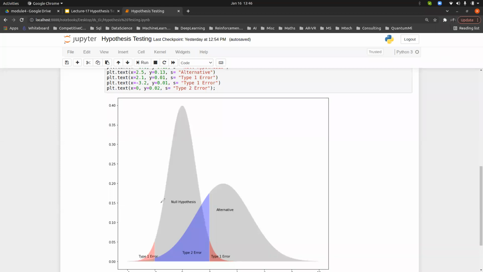So let's see what this curve tells. Let's assume that this was our null hypothesis. Say we are talking about the production unit, and this was 50, our null hypothesis of 50 units per day.